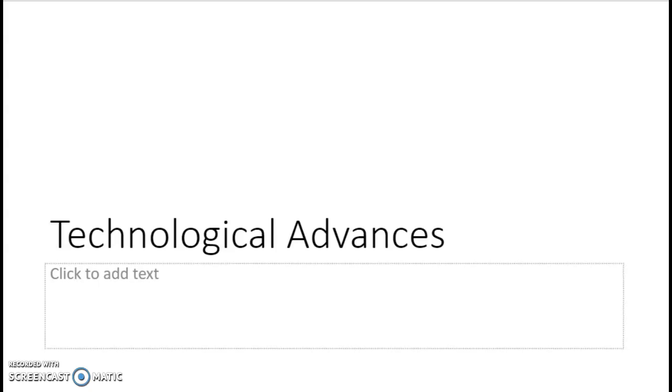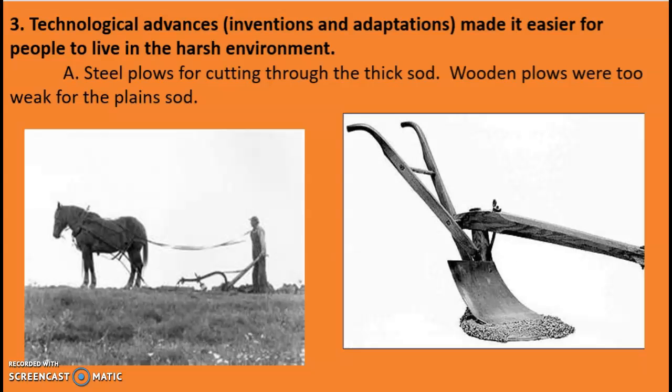So, like I said, we're going to talk about these new technological advances. During this era of westward expansion, people were making new things so that you could move to the Great Plains and you would be able to farm there. An example of this is the steel plow, which I'm sure if you guys have heard of John Deere.